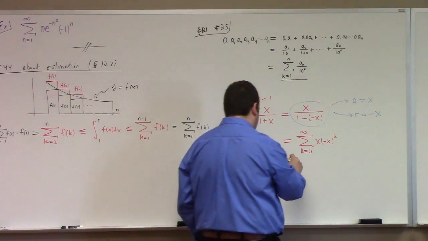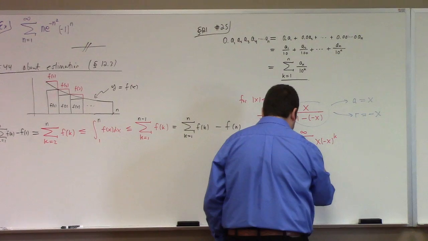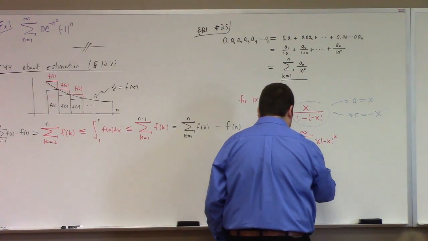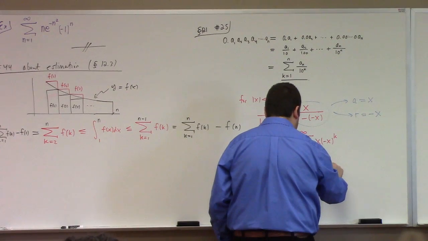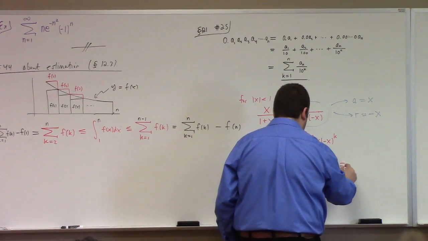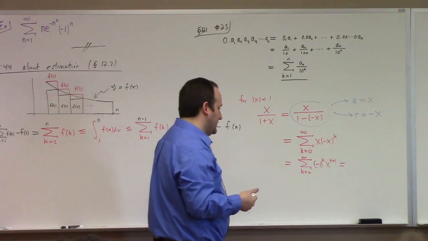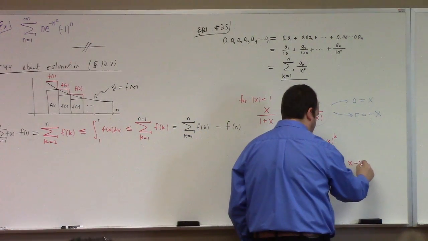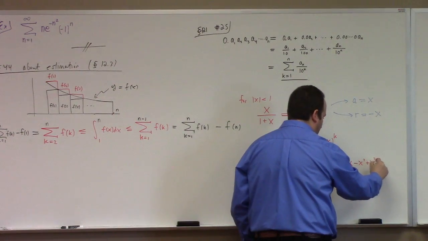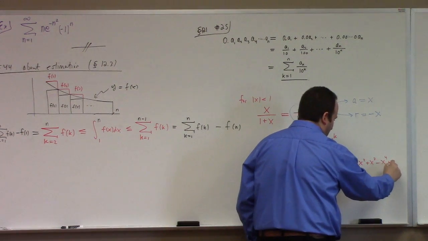The sum, k equals 0 to infinity, of (minus 1) to the k times x to the k plus 1. And for what it's worth, it's kind of fun to write out what that looks like. That's x minus x squared plus x cubed minus x to the 4th plus dot dot dot.